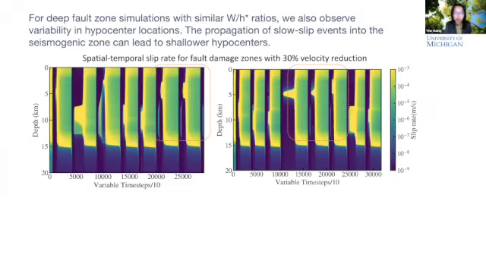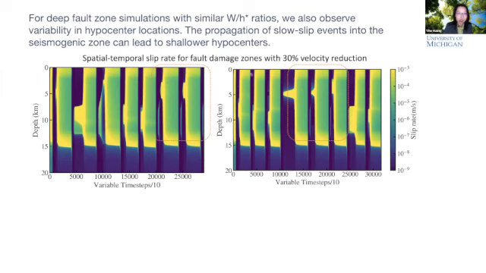Even for deep fault zones with similar W/H star ratios or RU numbers, we can also observe this variability in hypocenter locations. This is mostly because we sometimes have propagation of slow slip events into the velocity weakening region. Here we are just showing some preliminary results for fault zones with different widths but similar W/H star ratios.